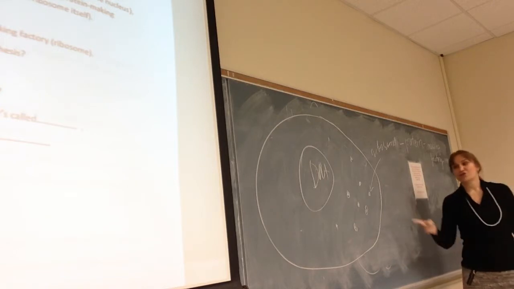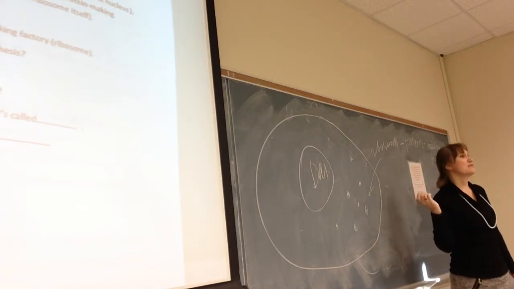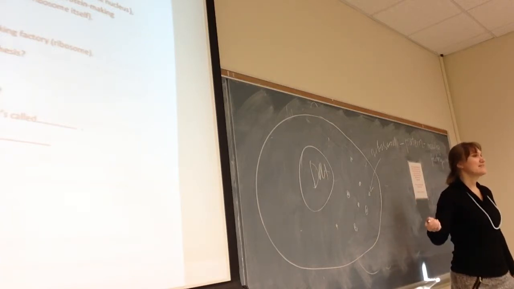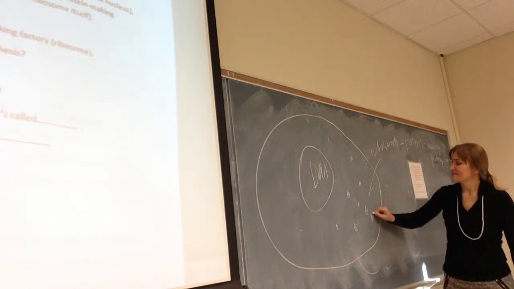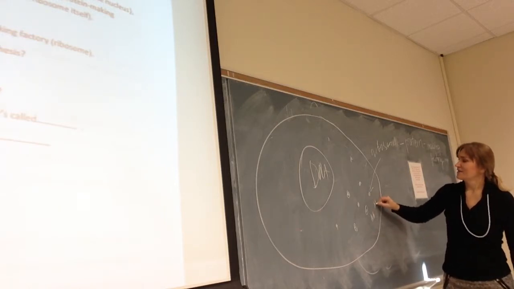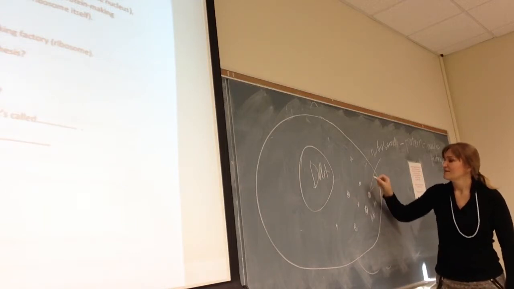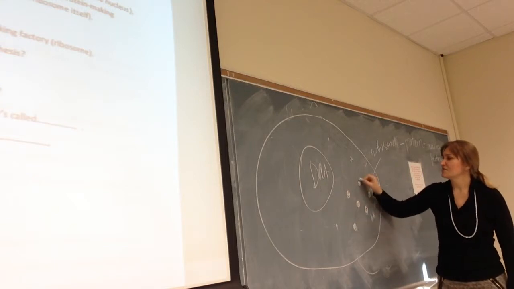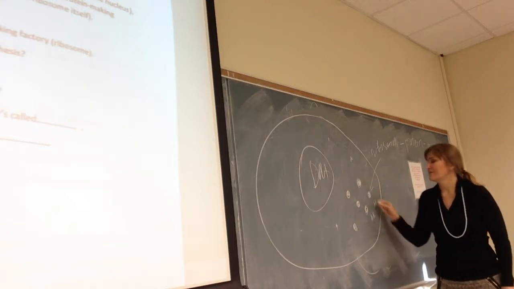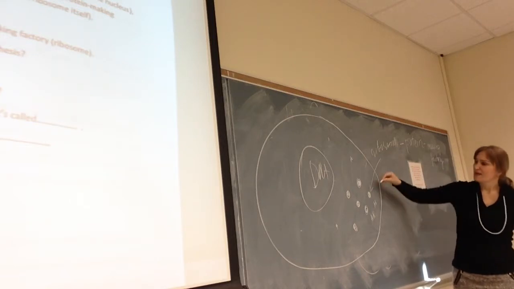So, in order to make a protein, we need building material for the protein, right? What is the building material for the protein, once again? Amino acids. Different kinds of amino acids are floating in here and need to be delivered to the factory in order to build protein.